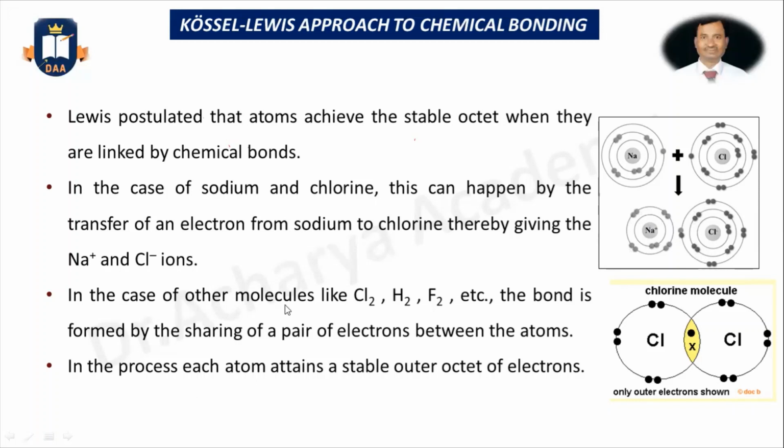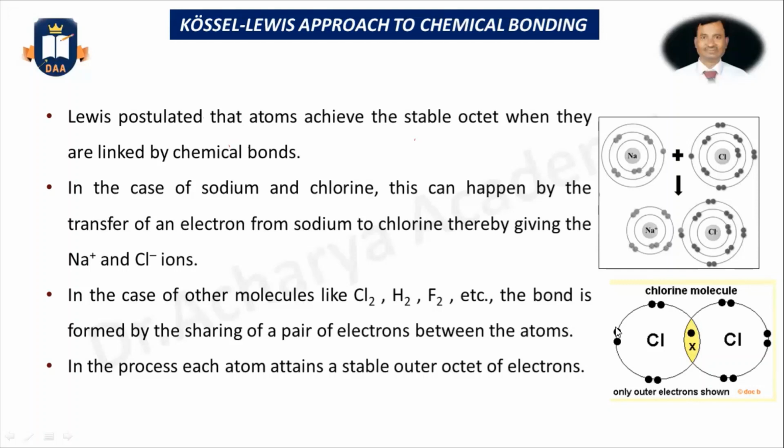And other molecules, especially diatomic molecules, such as the chlorine molecule, Cl2, hydrogen molecule, fluorine molecule. On the right side you see the figure explaining the chlorine molecule. This dot structure actually comes from the Lewis configuration. We'll discuss it later in this class.